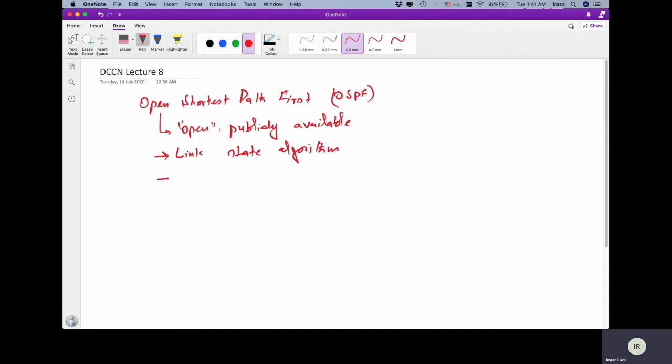It uses link state packets for advertisements to the entire network.